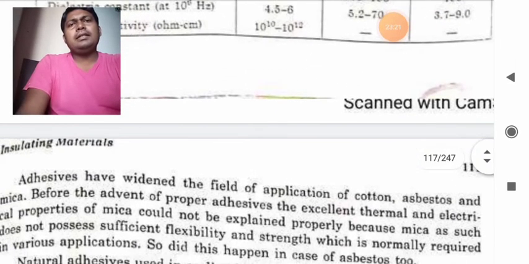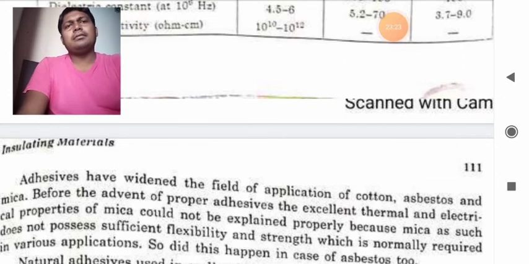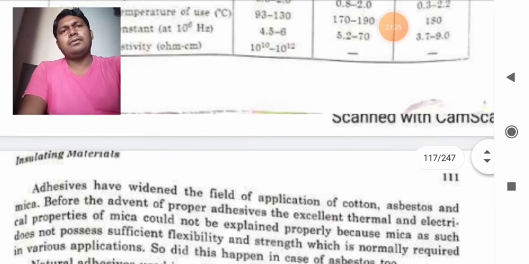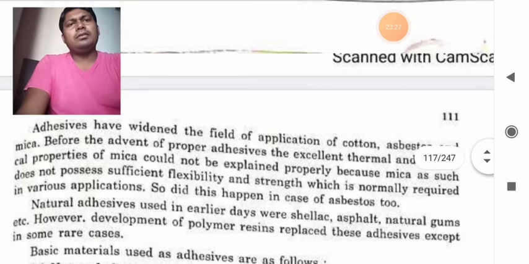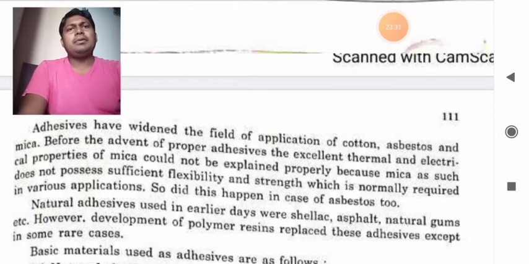Adhesives are widely used in the field of application of cotton, asbestos and mica. Before the advent of proper adhesives, the excellent thermal and electrical property of mica could not be explained properly, because mica as such does not possess sufficient flexibility and strength which is normally required in various applications.